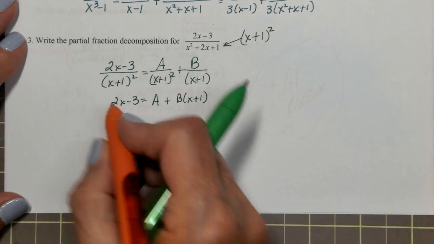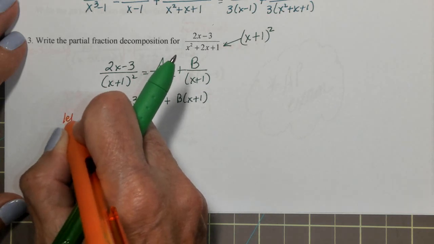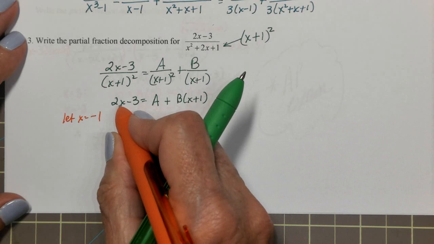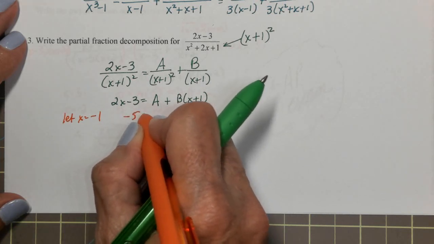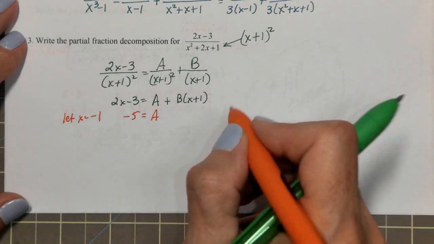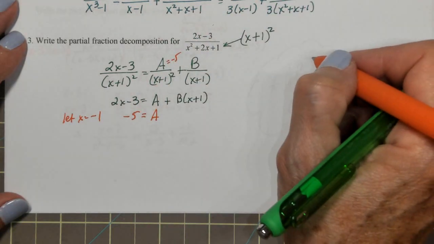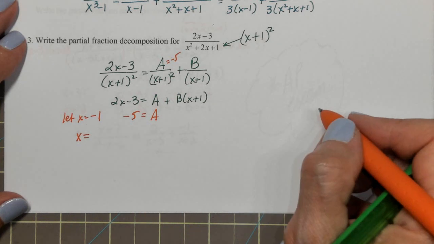So let's let x be a convenient value. If we let x be negative 1, I'm going to have negative 2 minus 3 is negative 5. I'll have a, and then this will be 0. So immediately we get a. A is negative 5. Yay. That was good. How about if we let x be something else, anything else?